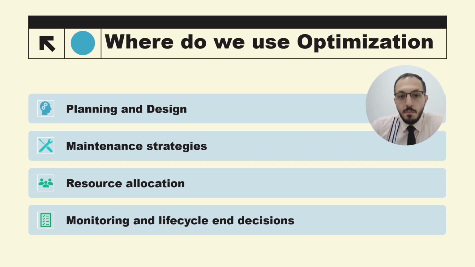We do it during maintenance to schedule inspections and repairs at the right time. And in end of life, to decide when and how to decommission or recycle an infrastructure. No matter the project phase, we're always trying to get the most value from limited resources.